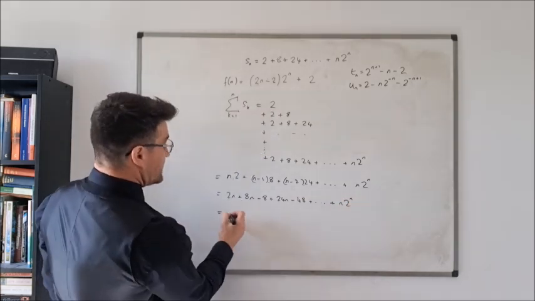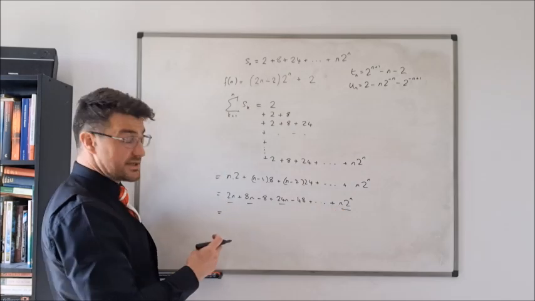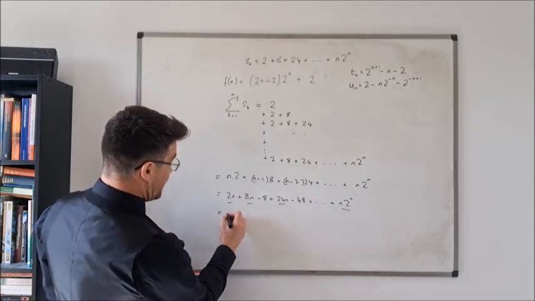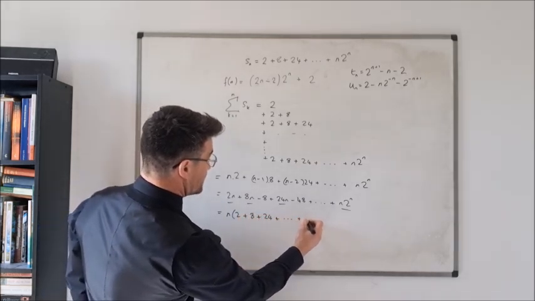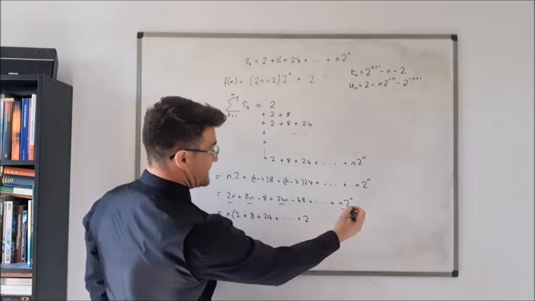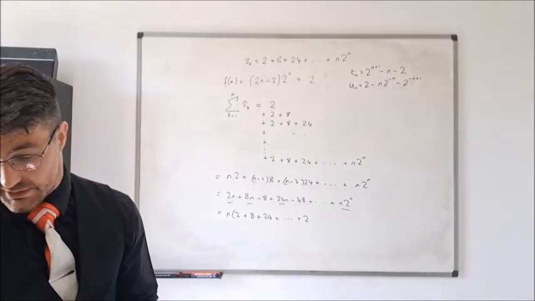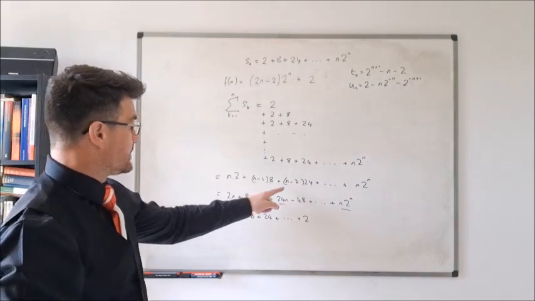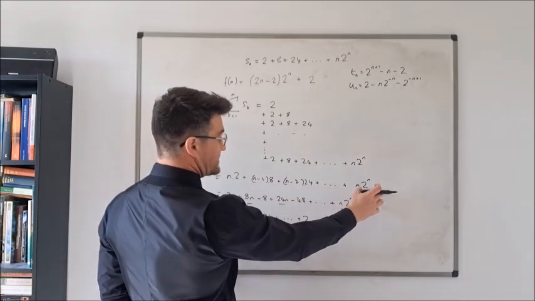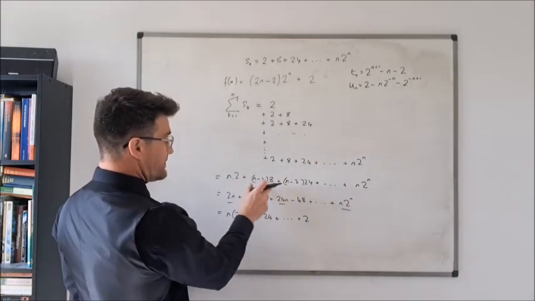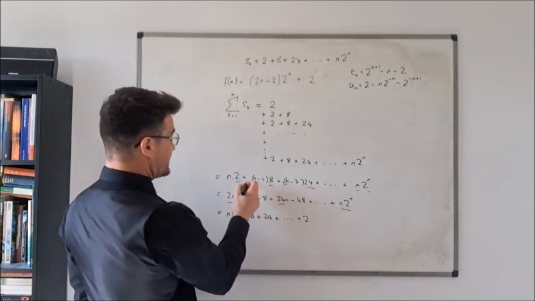Collect the terms together that have the n as a factor, and you take out a common factor. There you get 2 plus 8 plus 24 plus up to 2 to the power of n. Again, I used that little trick of trying to get this to match up with these a bit more closely, because the n times 2 to the power of n kind of corresponds to these parts.